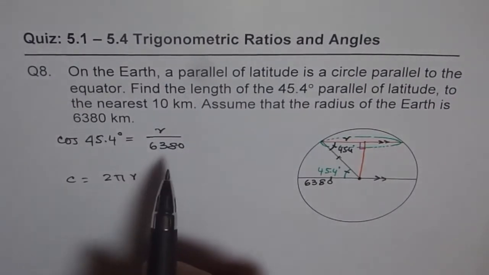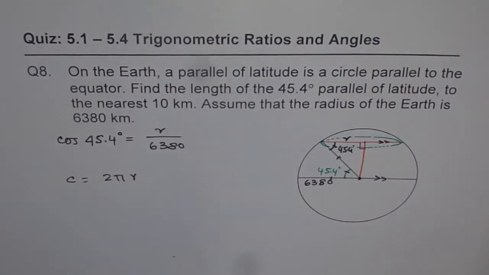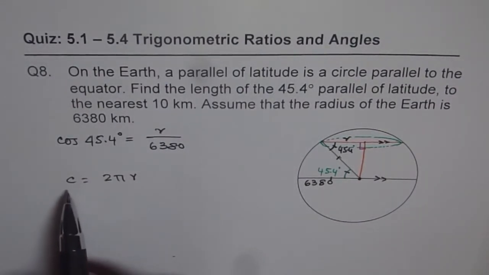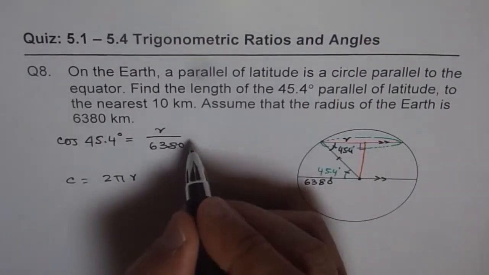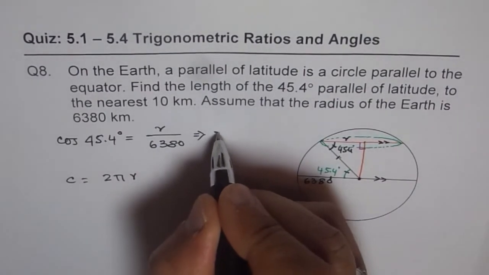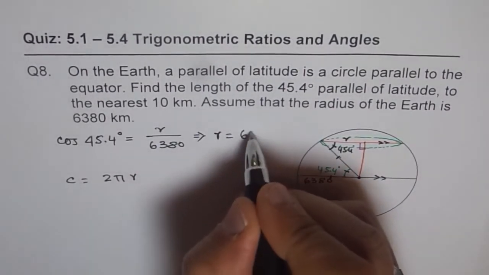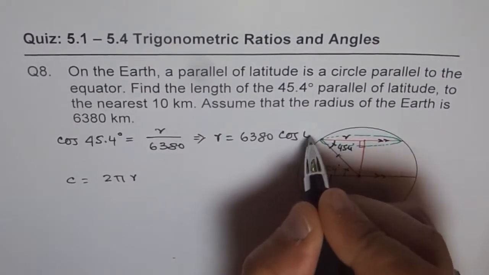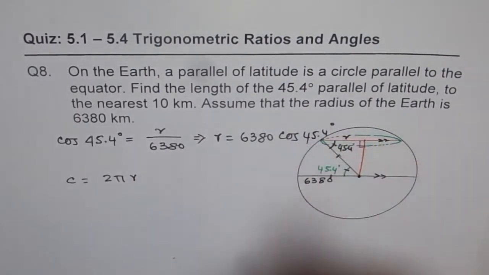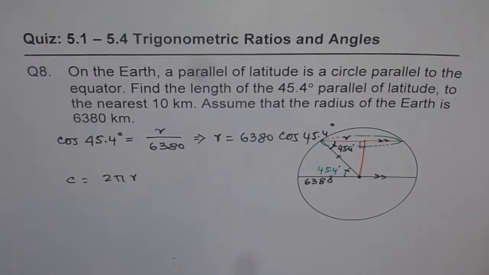Now this relation helps us to find what r is. Once we find r, we can find the circumference, which is the value we are interested in. So from here, r is equal to 6380 times cos of 45.4 degrees.